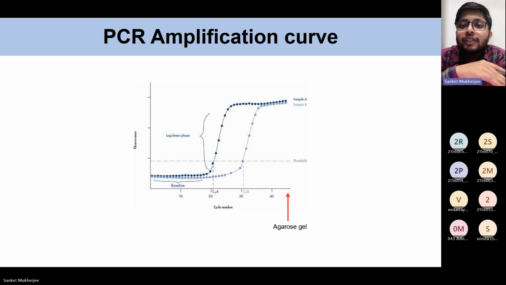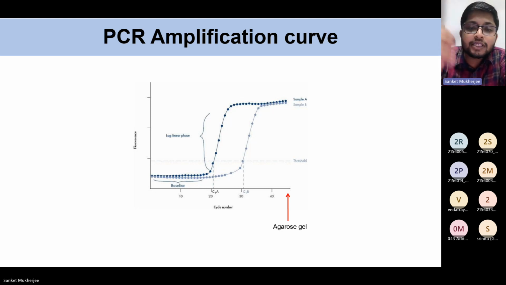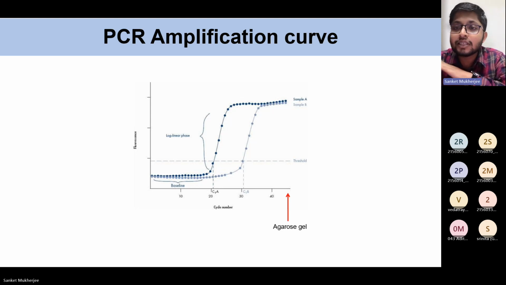Threshold value: usually when you run an RT-PCR, you will see a lot of noise come up. Primer dimer is one of the reasons. Another reason is that your initial template, the starting point of the DNA, was also double stranded, isn't it?